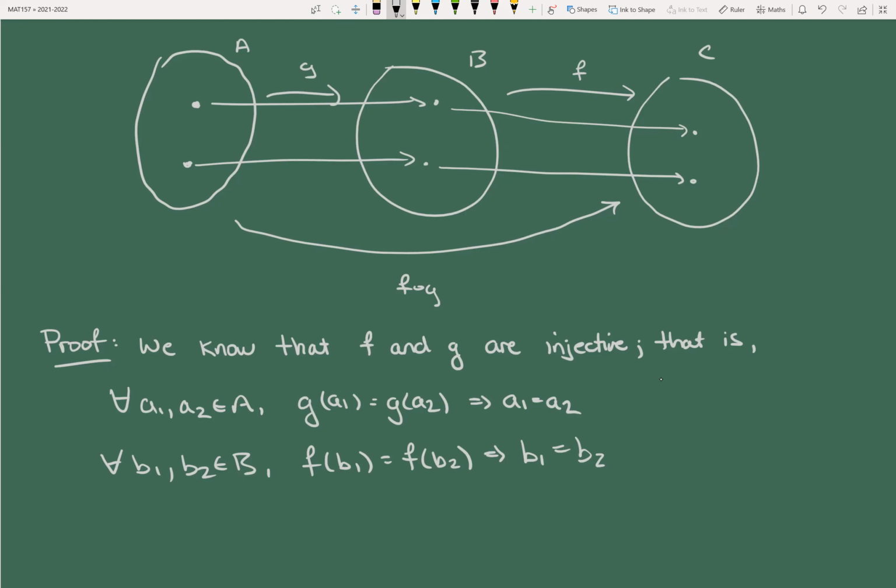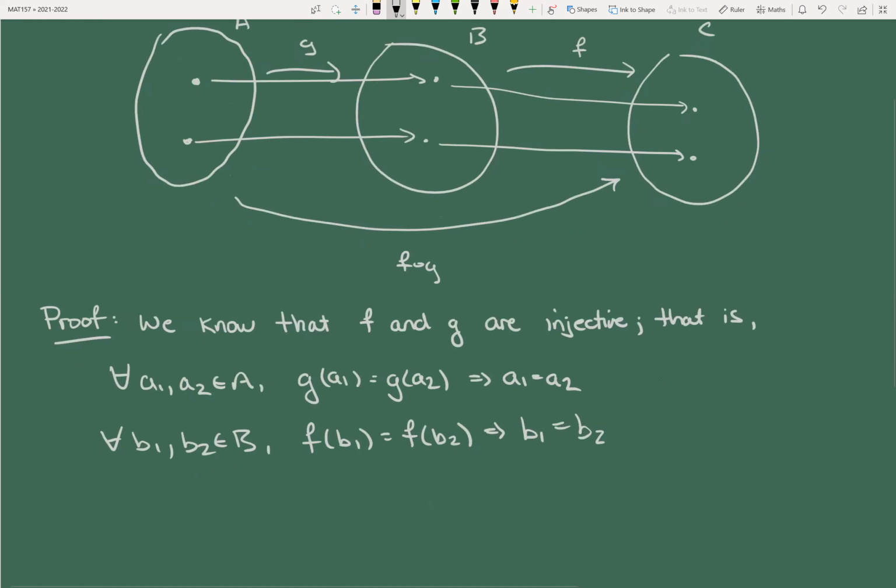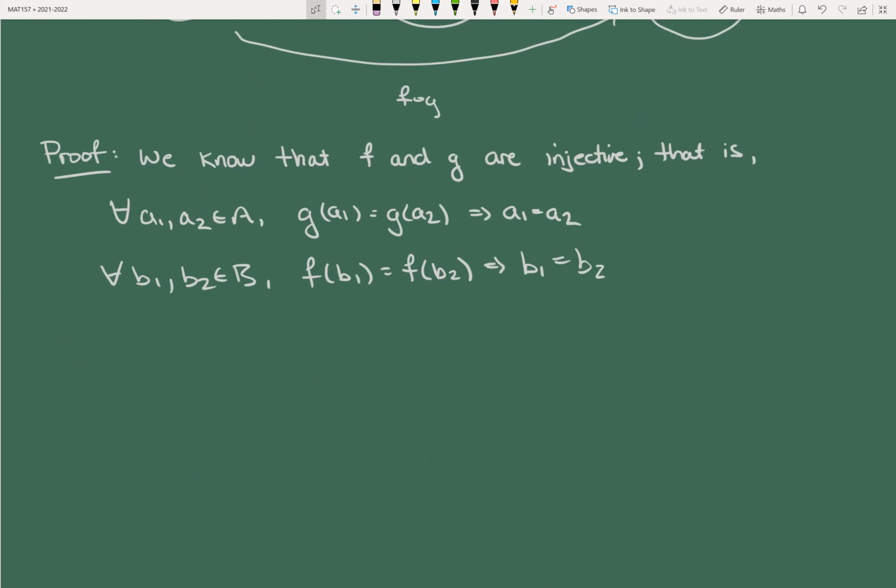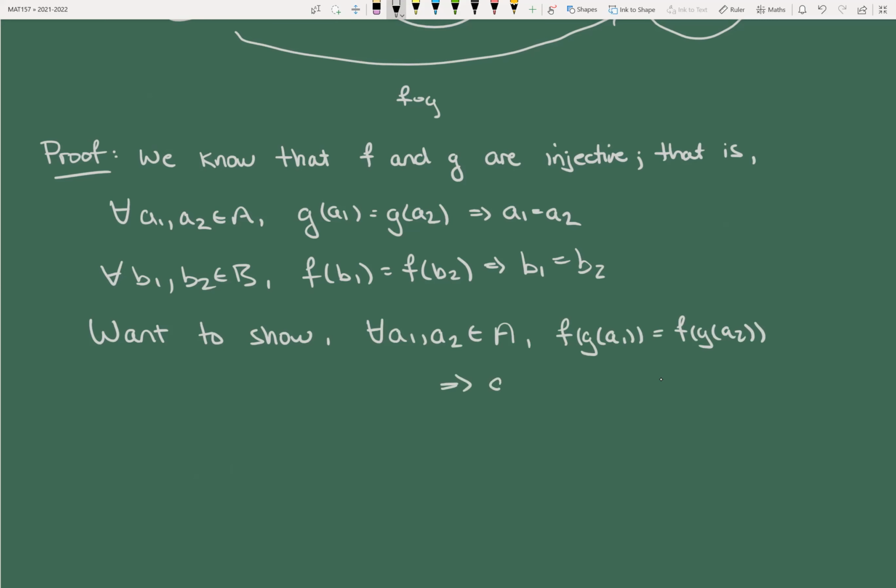Now, let's figure out what it is that we want to show. We're told that they're both injective. What do we want to show? We want to show that F composed G is injective. Some people abbreviate that as just WTS; everyone knows what that means. So I want to show that for every A1, A2 in A, F of G of A1 equals F of G of A2 implies that A1 is equal to A2, right?